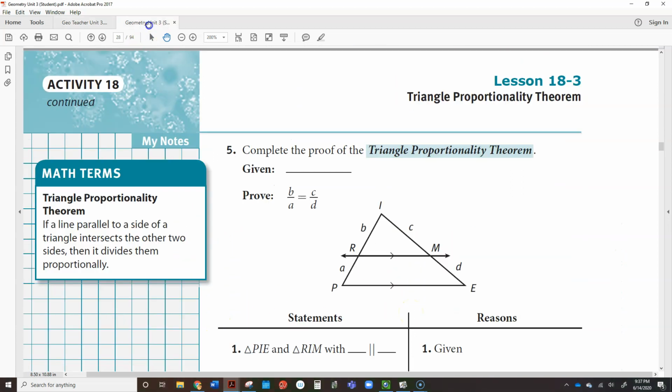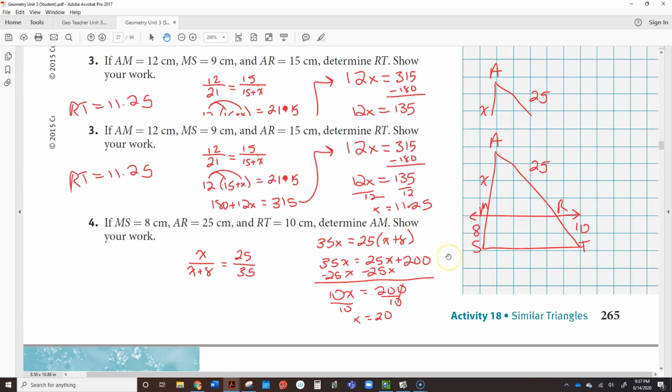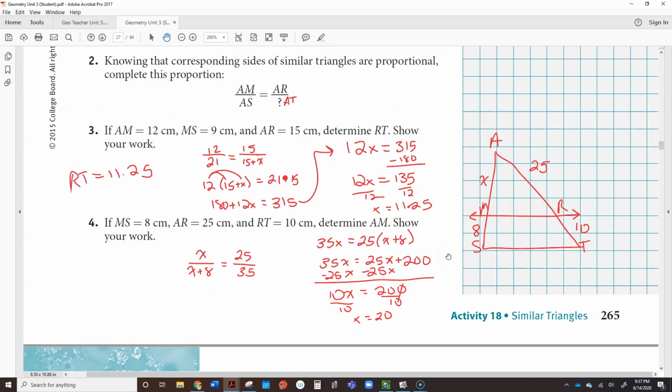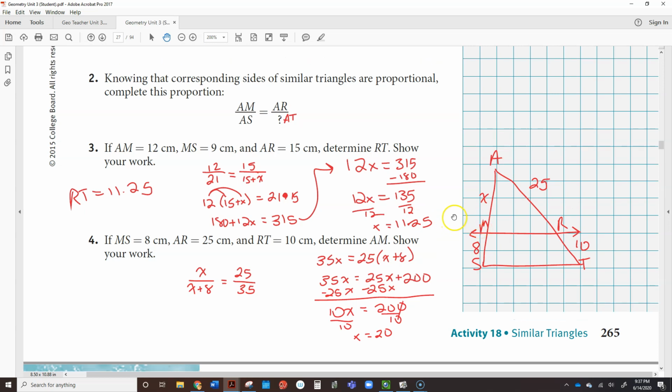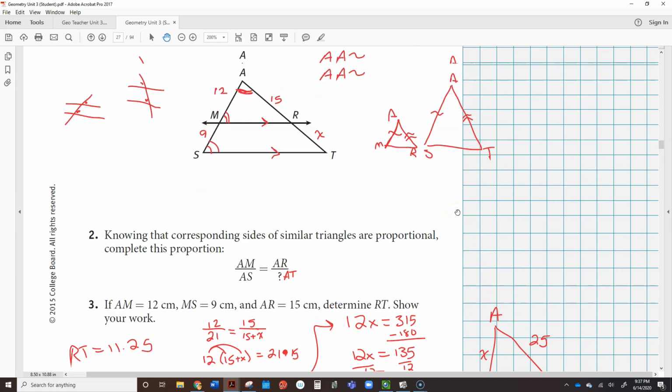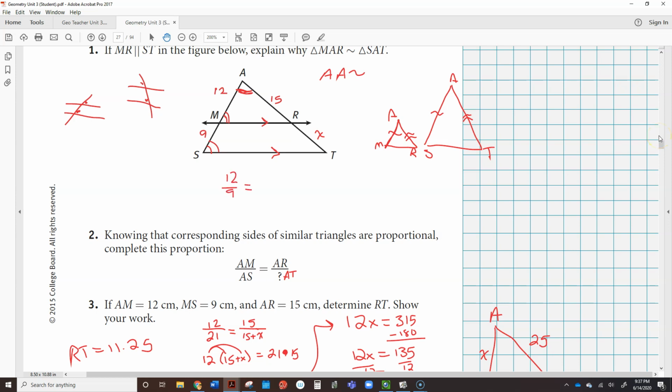So that's important because if you go back to this and you can take this problem right here, and instead of having to do like we did right here where you had to write in 15 plus x and then do distributive property, you can just do 12 over 9 is equal to 15 over x.